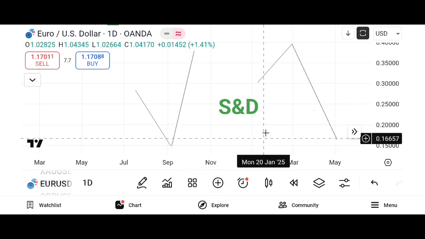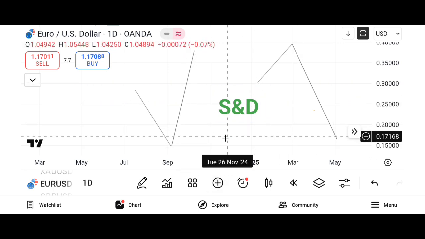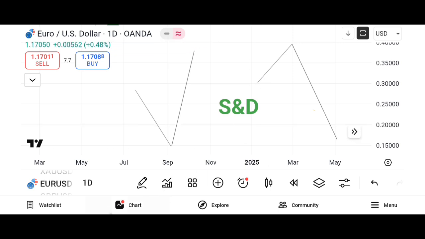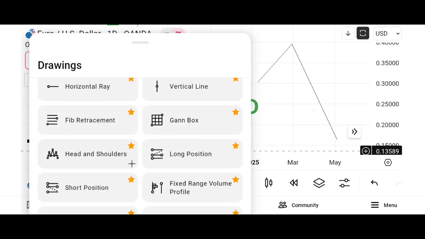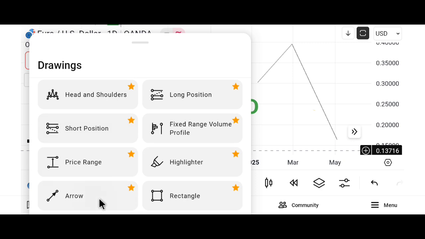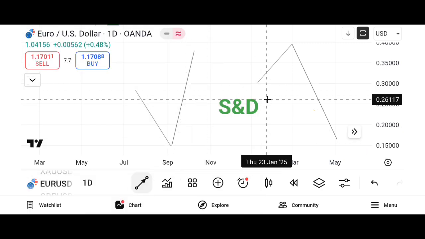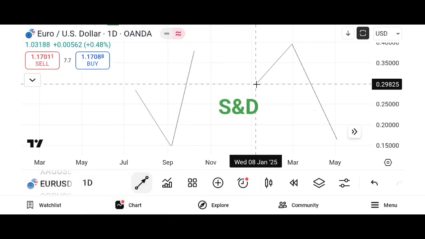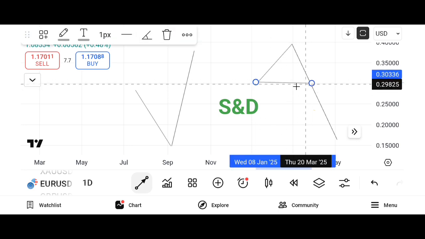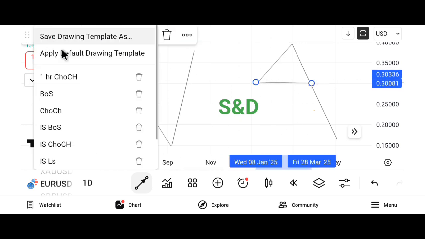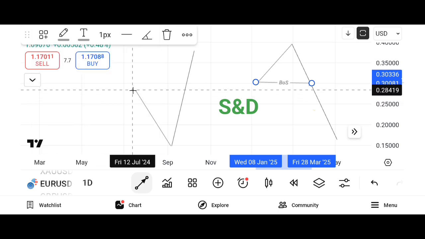So how do you spot a supply and a demand? After each break of structure, a supply or a demand is created. Just like this, my annotation now.